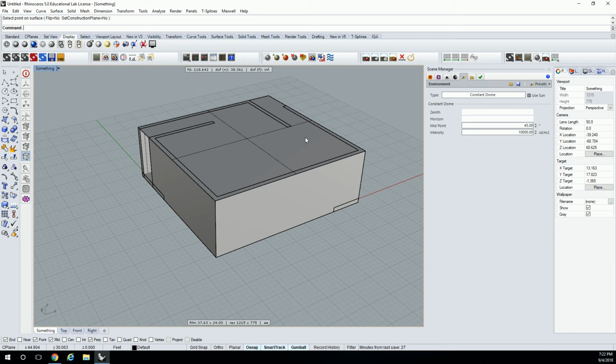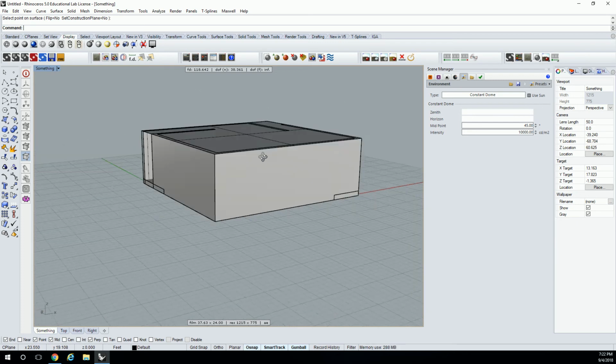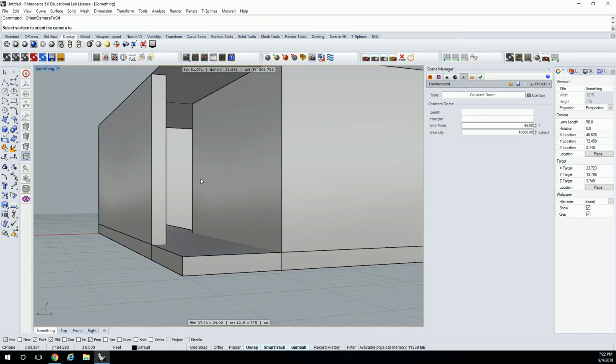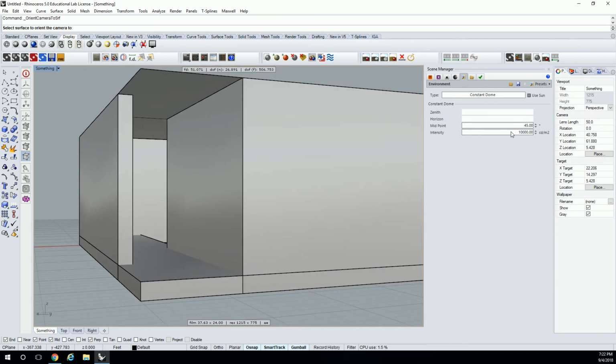So it's not one-to-one. If you're looking at your building, let's pretend this is the entry to a house, you can change your lens length to simulate that effect. You can accentuate the ball lens or fisheye effect just by lowering the lens length.